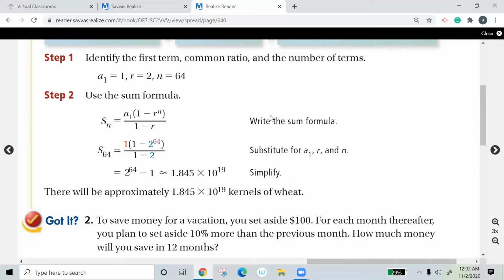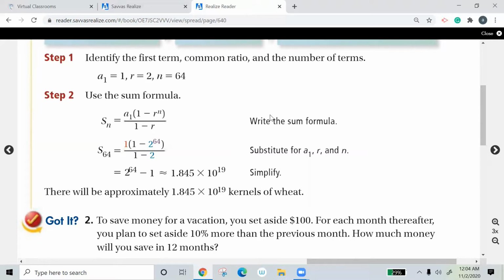So we have 2 raised to 64 minus 1, and this is approximately 1.845 times 10 raised to 19. So there will be approximately 1.845 times 10 raised to 19 kernels of wheat.